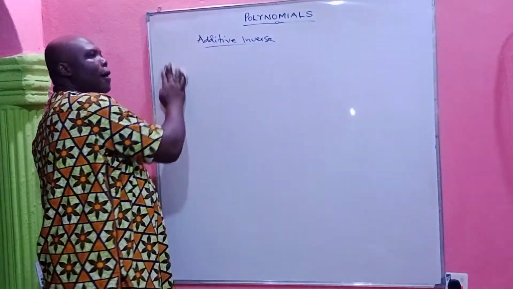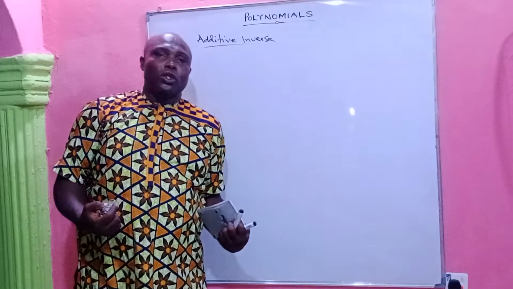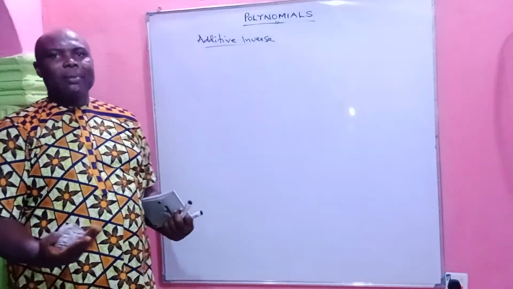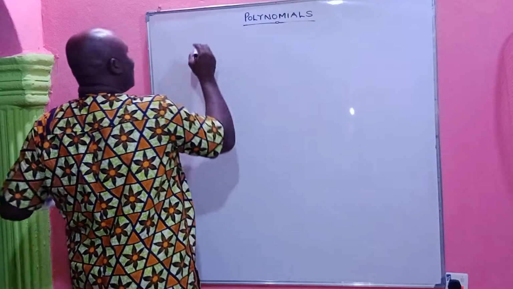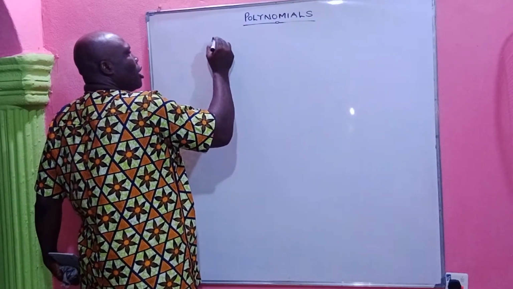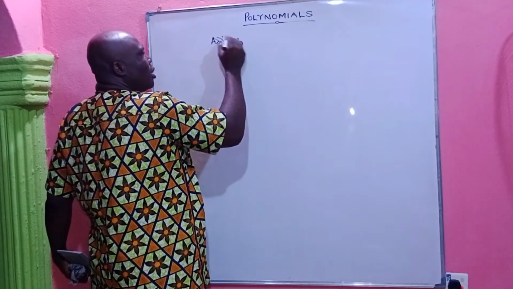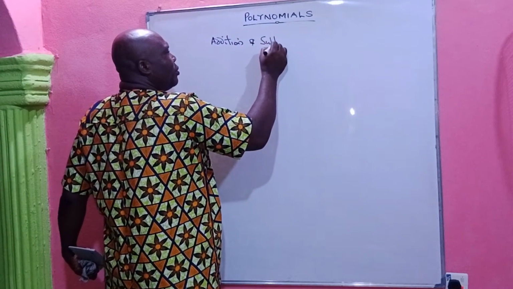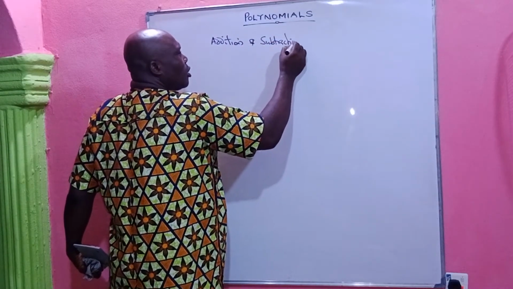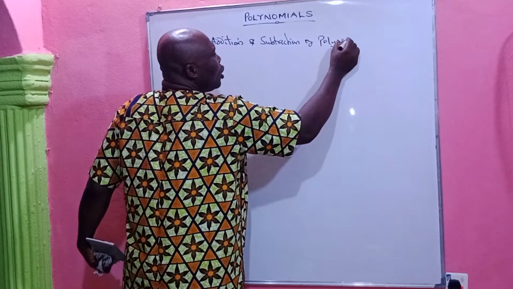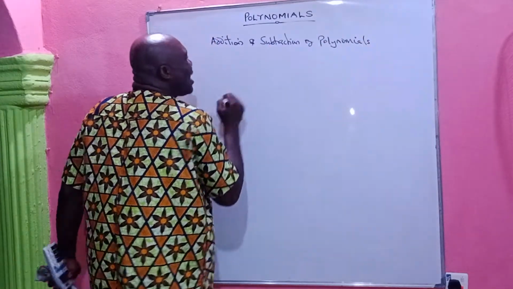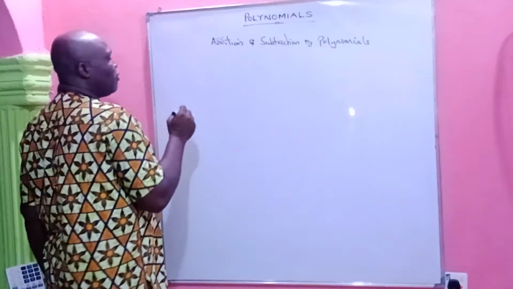Sometimes the polynomial you want to add, you can be given a product at the same time before adding. Let me just give instances. So let's take addition and subtraction of polynomials.